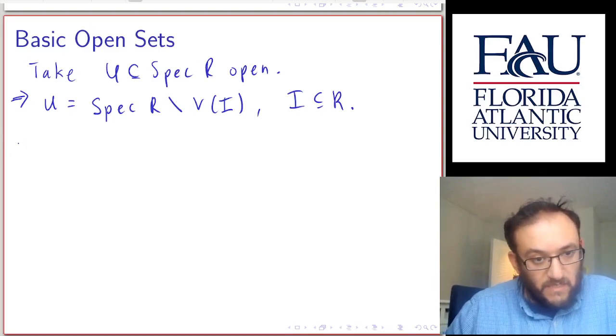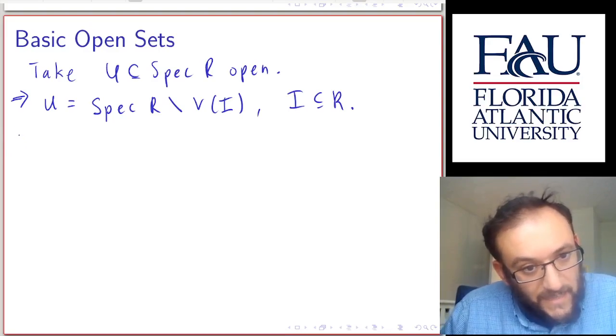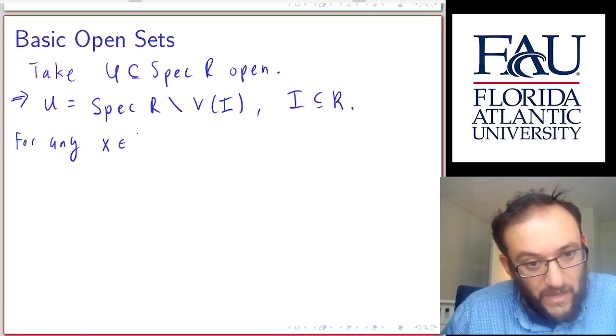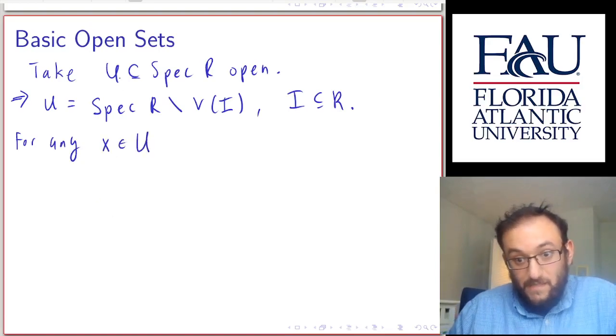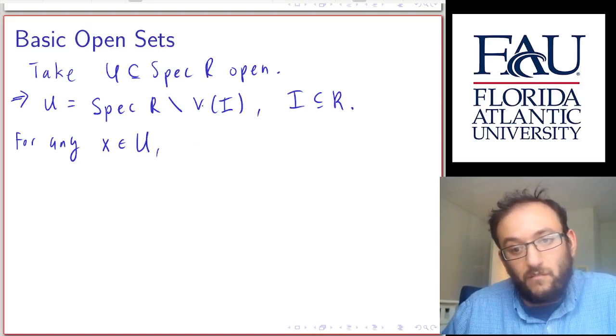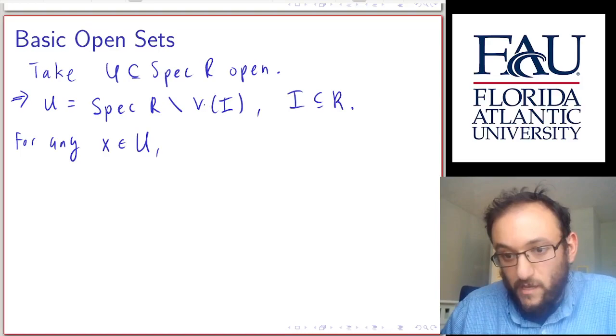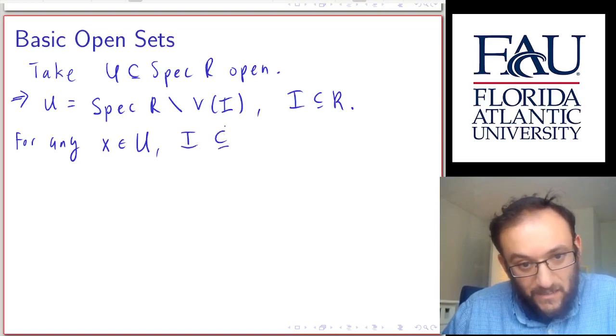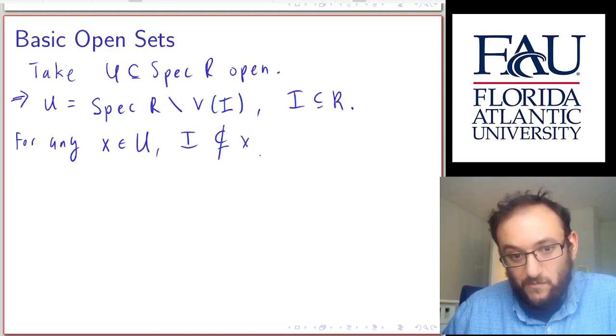And what this means for us is that for any x in U, so any prime ideal in the set U, we know that it's a prime that does not contain I. So I is not contained in x.